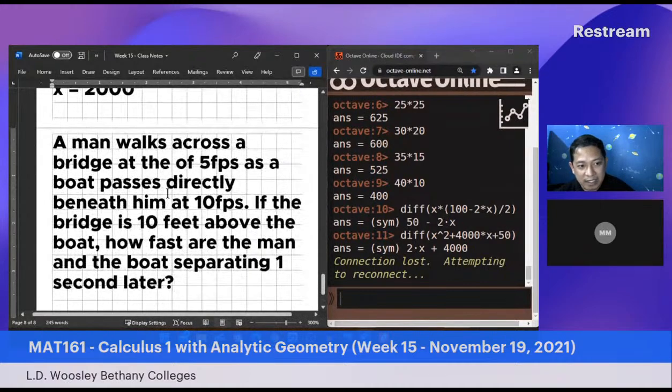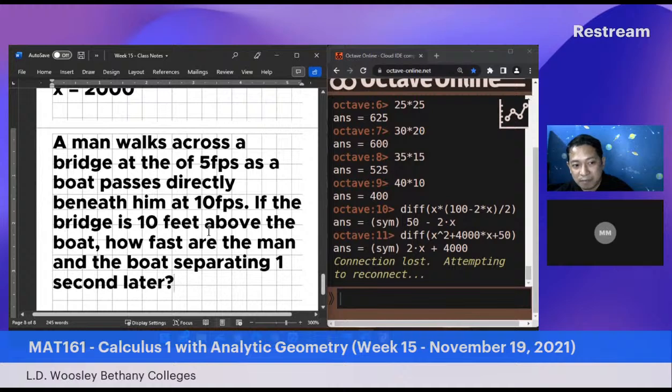So, a man walking at 5 feet per second and a boat passing beneath him, 10 feet below the man on the bridge, passing by at 10 feet per second.